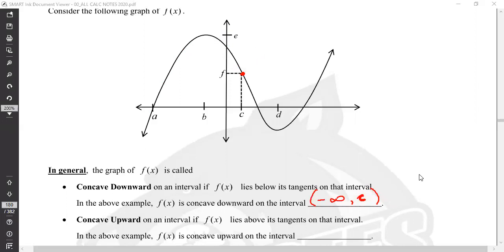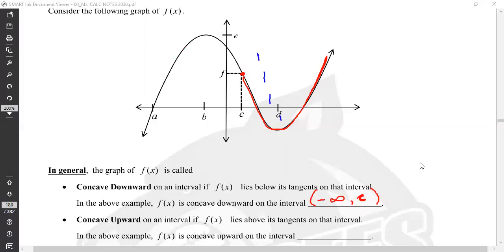It says it's going to be concave up on an interval if f of x lies above its tangent lines. So technically our definition is, if we draw tangent lines and the function is above those tangent lines, then it would be concave up. A more casual definition would be that it's going to catch rain.